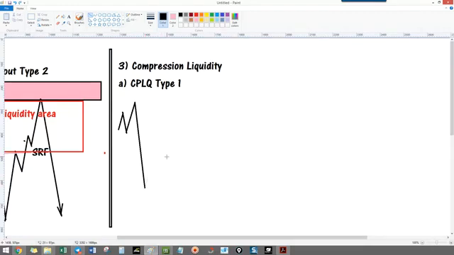For example, it does something like this. Let me draw the supply zone first.